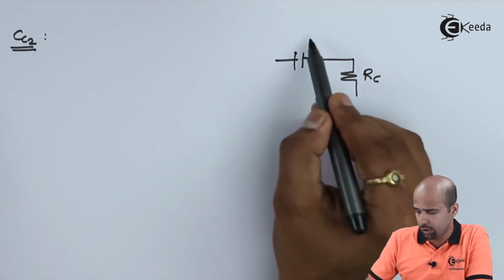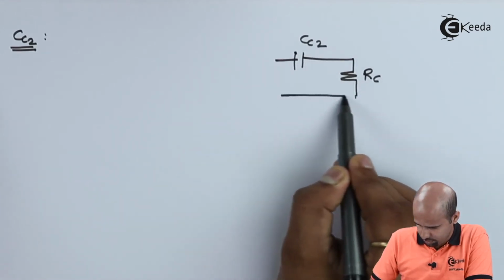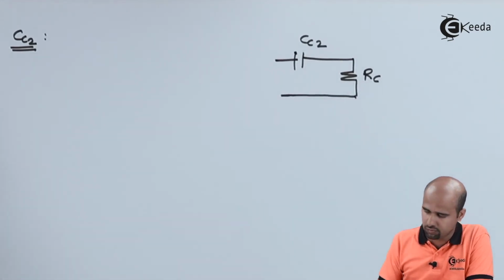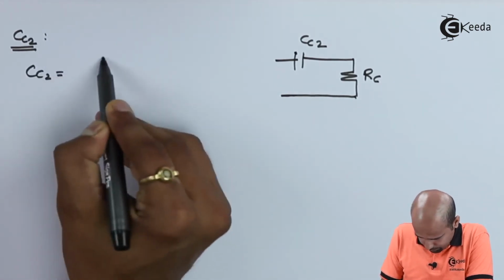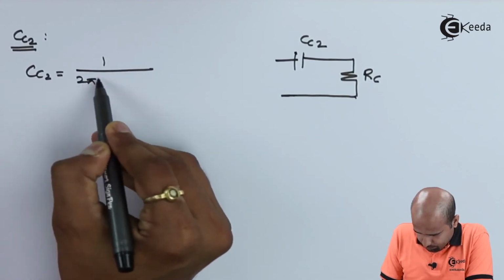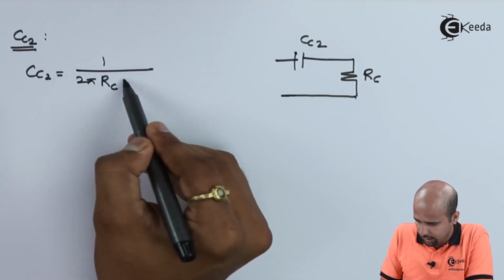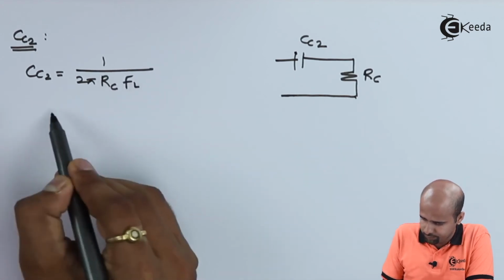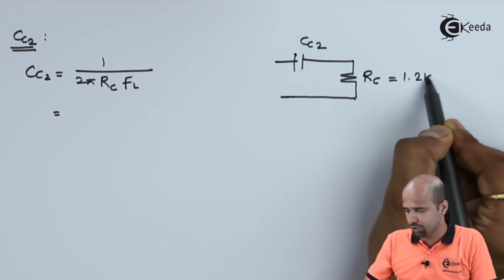This is the value of CC2. Only one capacitor, one resistor. Simple. Here I will write it as RC and FL. RC that we have got as 1.2 kilo ohm.